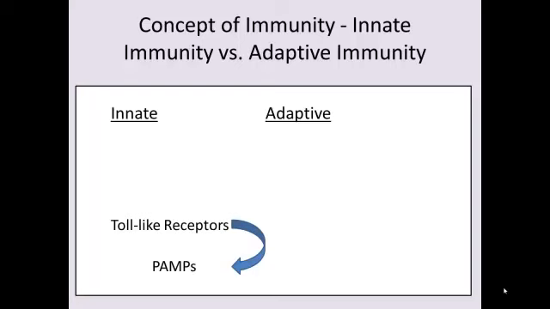Once you've been exposed to that particular antigen, your body recognizes it when it sees it again. It's specific for the particular pathogen that you yourself have been exposed to. So those are the overall characteristics of the innate and adaptive immune systems.